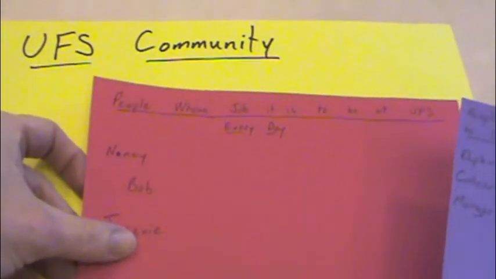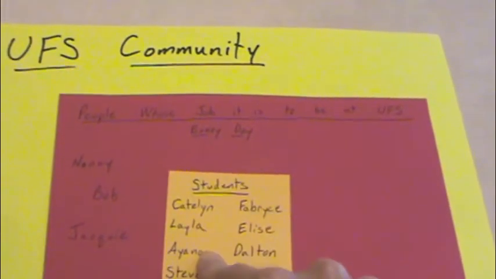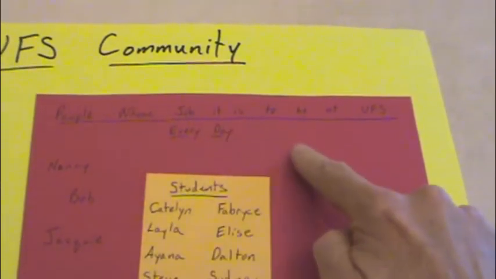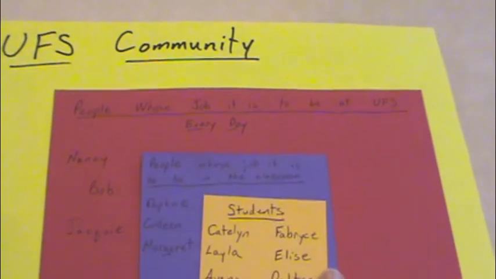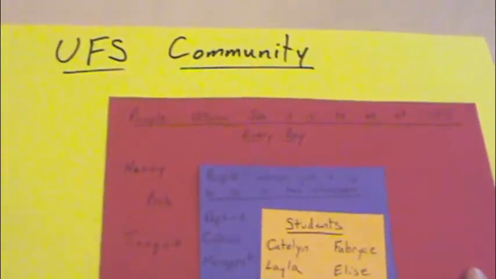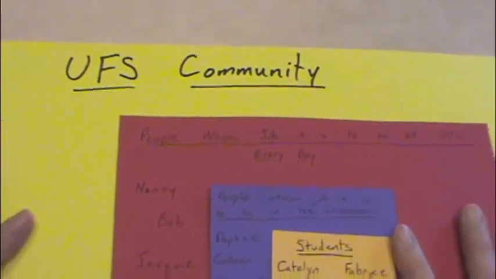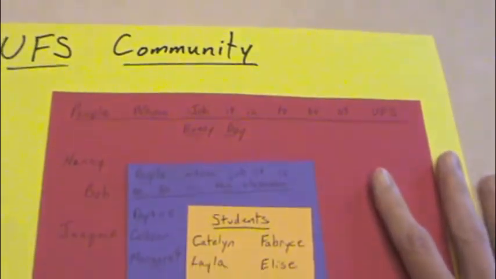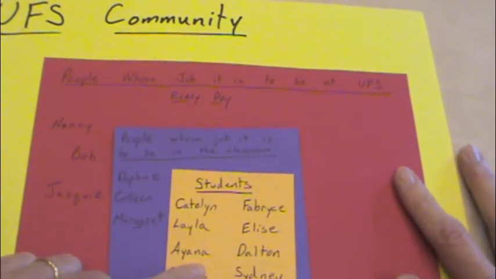I could put the students in the group who have to be at UFS every day. These smaller groups are called subsets of the whole set. All right? The whole set, UFS community. This whole set, as I have drawn it here, has 1, 2, 3 subsets.